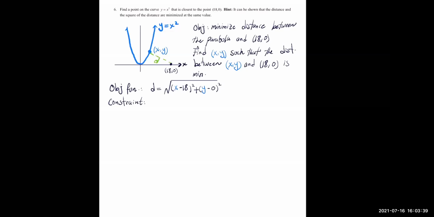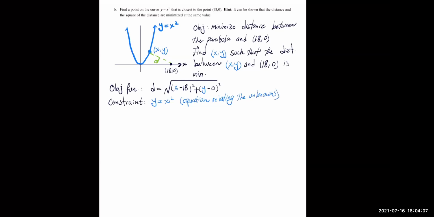The constraint is the equation that relates your y and x. It's always an equation relating the unknowns.